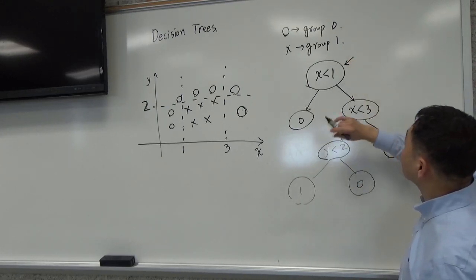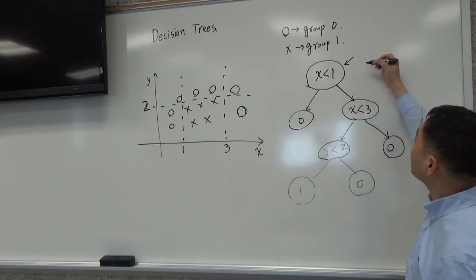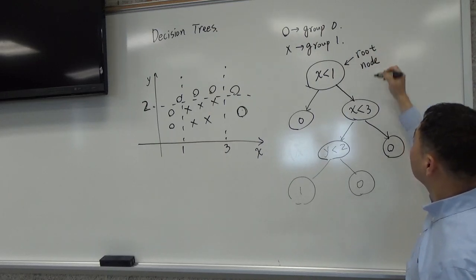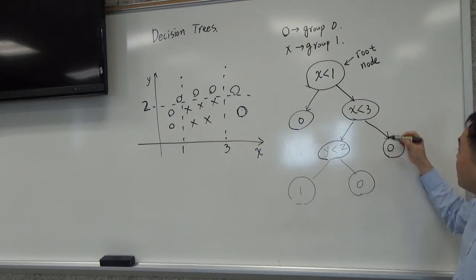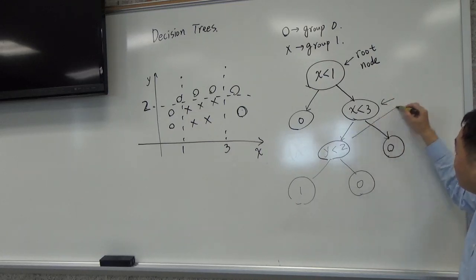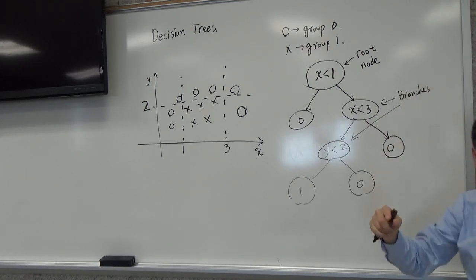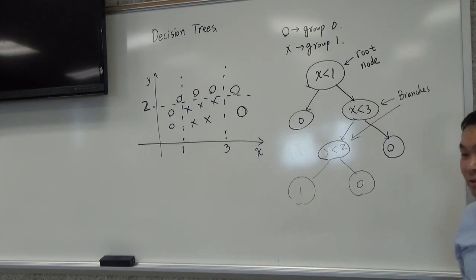All right. So this one here is what's called the root node. And these are called branches, because that's where they branch out to different cases, right?